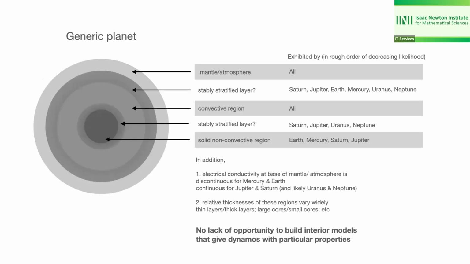Okay, so there's two approaches that can be taken to trying to explain this wide variety of planetary magnetic fields. One is to say that, well, we can add increasing complexity to the dynamo models, given this large number of degrees of freedom we've got to play around with building a planet, and to see how that affects the magnetic field that is generated.